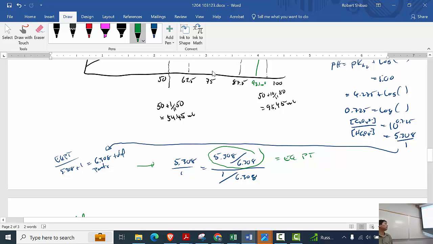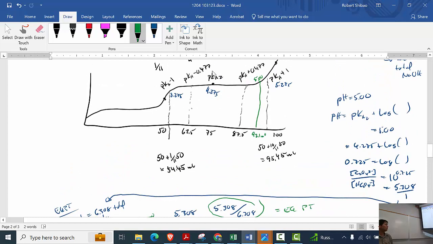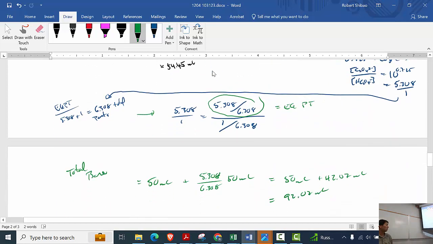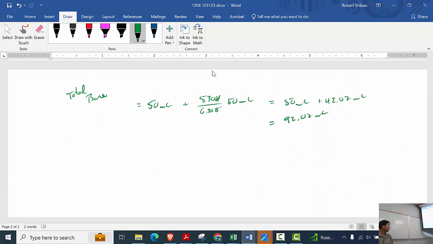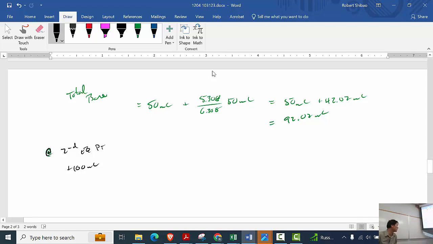All right. When we're at 100 milliliters, we're at the second equivalence point. Here we can't do it the same way because the salt we expect is not an amphoteric salt.